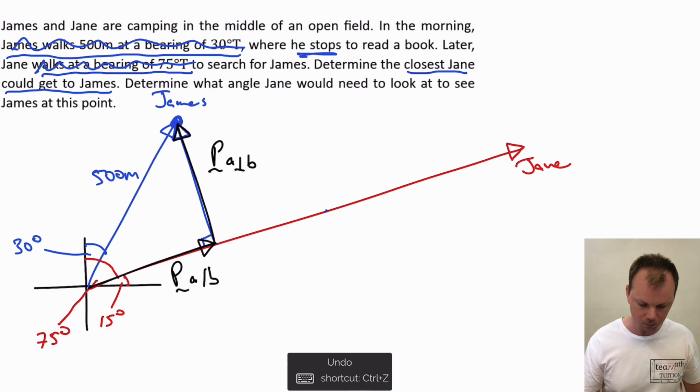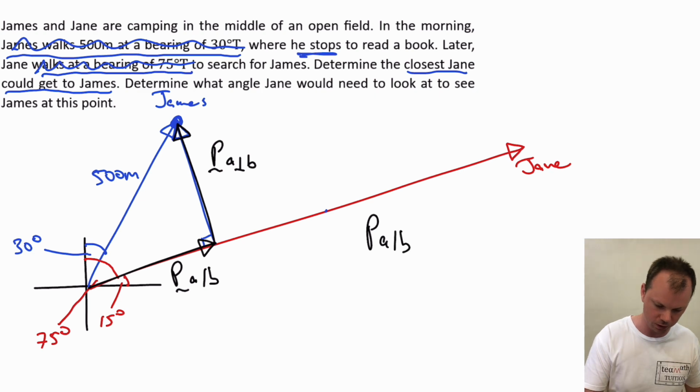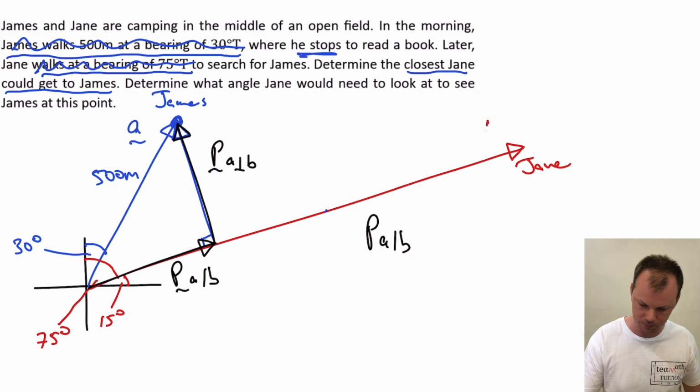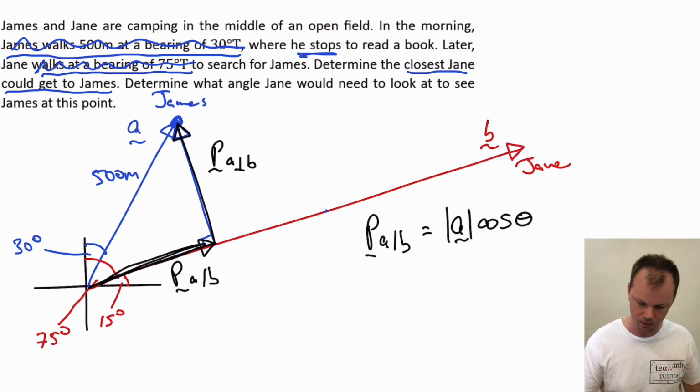So our formula for vector projection, A on B. Firstly, I need to call this vector A and this vector B. It equals the magnitude of A cos theta. So that's the adjacent length.